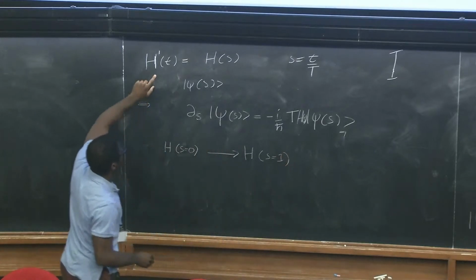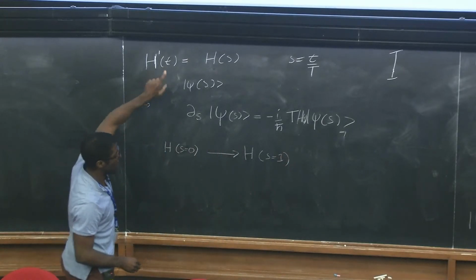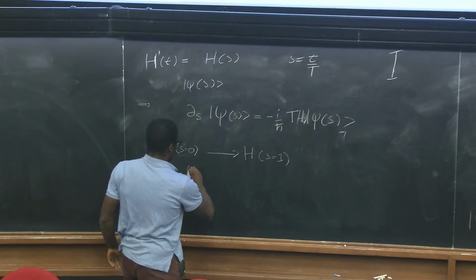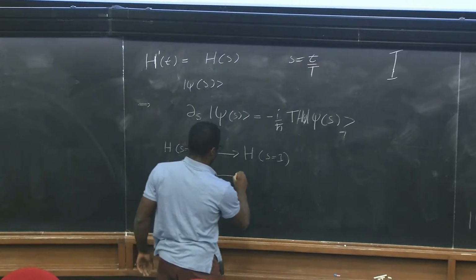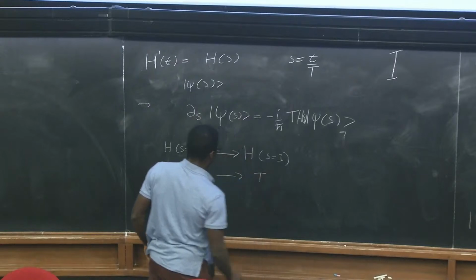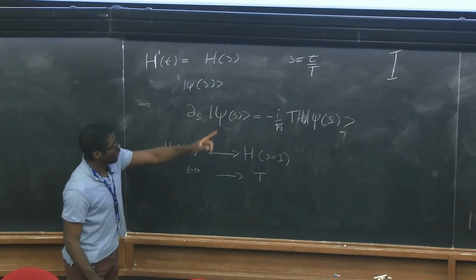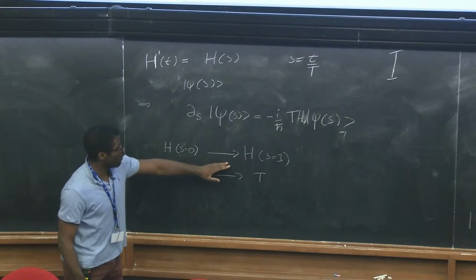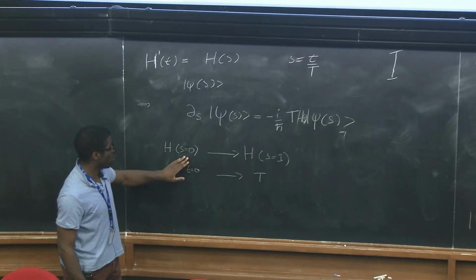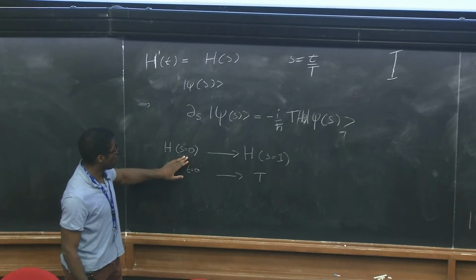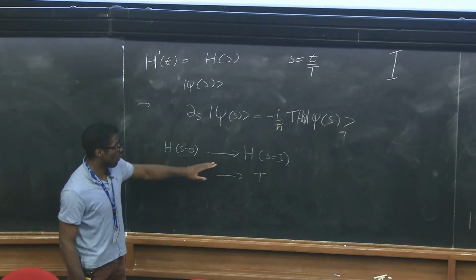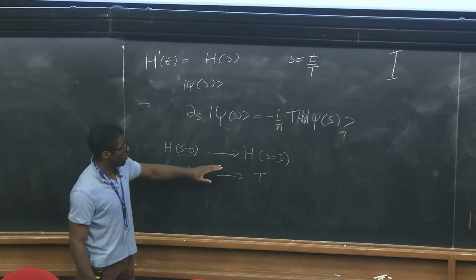And this, in terms of the time, is going to happen within a time from 0 to capital T. So by sending capital T to infinity, I make this dynamic slower and slower because it takes more time to reach the final Hamiltonian. So I have to be doing this change slower.